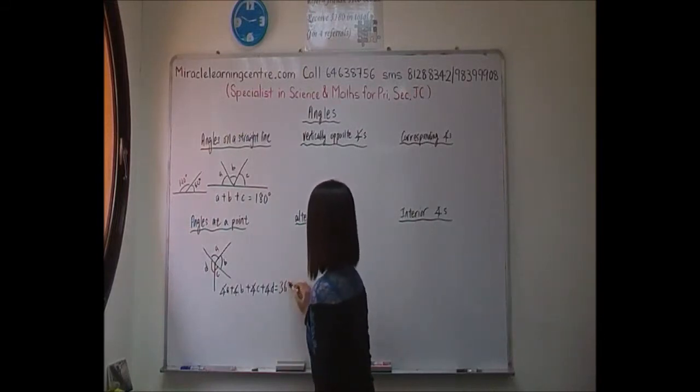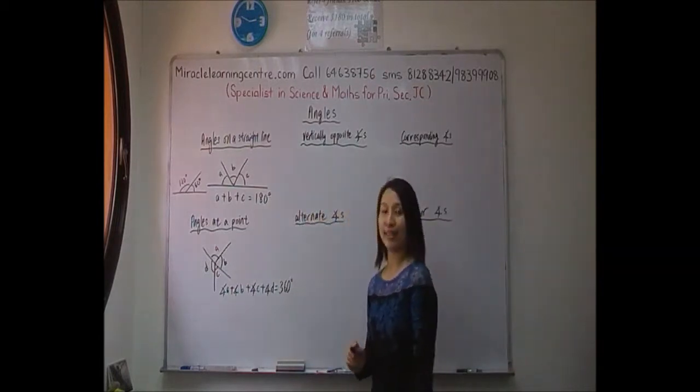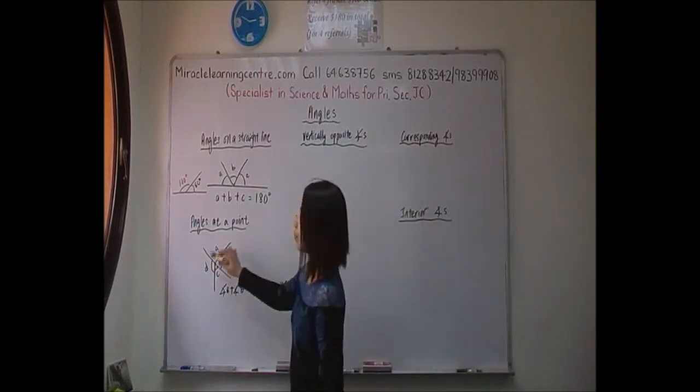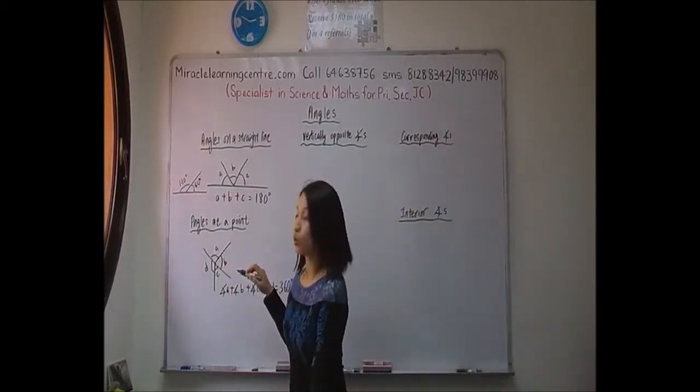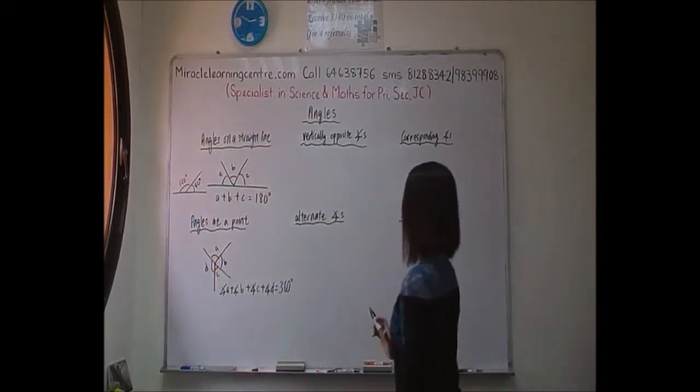This is angles at a point. Angles on a straight line add up to 180 degrees.